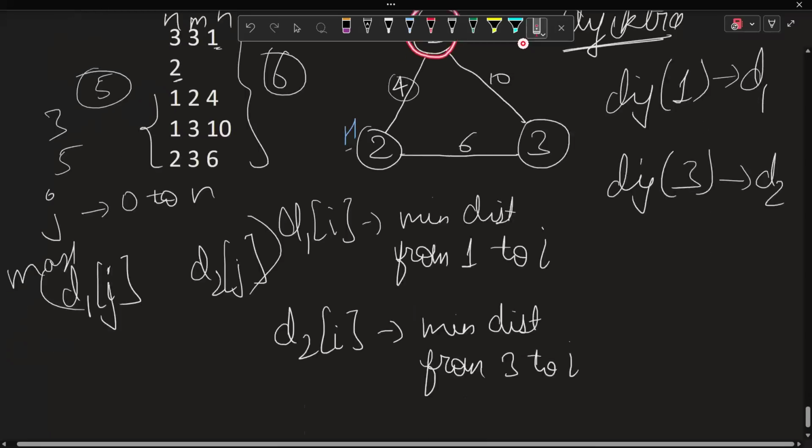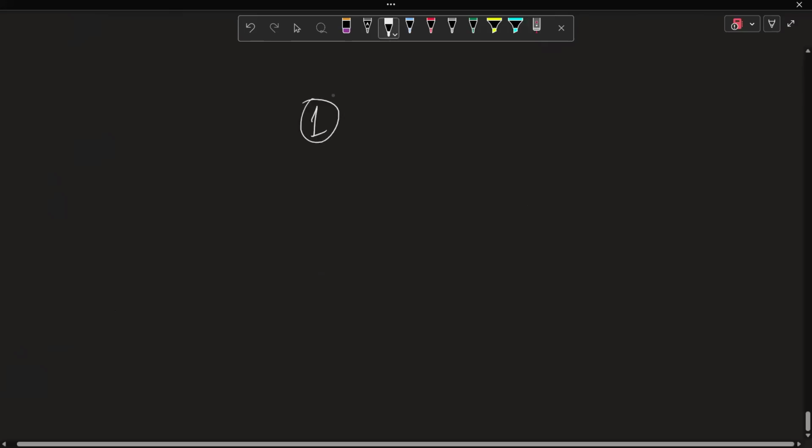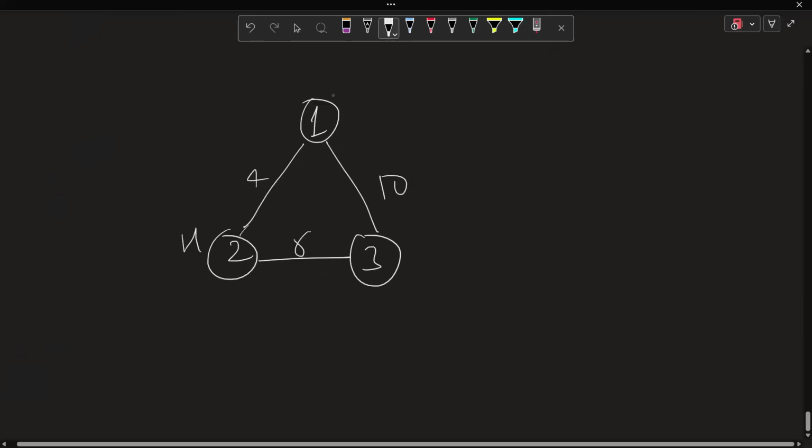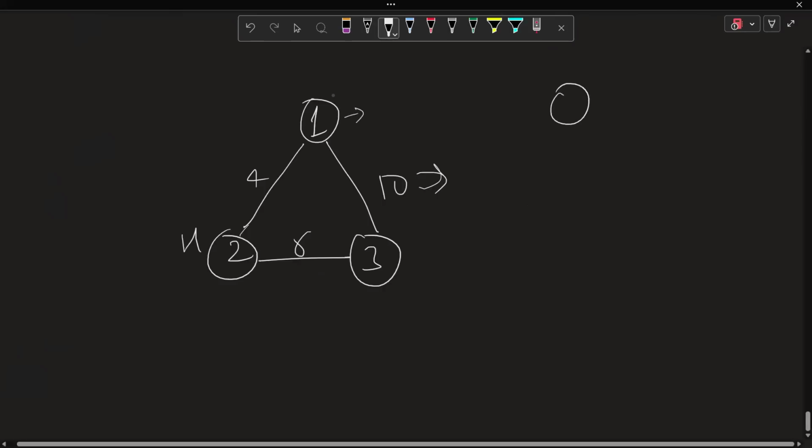So initially, if I had my graph as this, where this was 4, this was 6, and this was 10, and a horse here, break this graph from 3 nodes into a graph having 6 nodes. So this one is broken into 2 nodes.